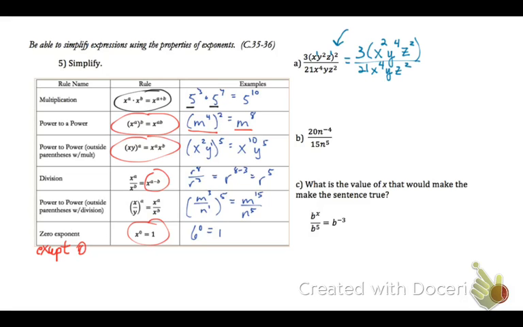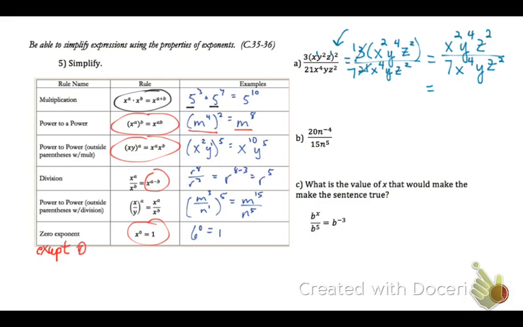Now I'm going to take a few more steps to simplify. I'm going to simplify my integers just like a fraction. So I'll have 1/7. So up top I can draw out my parentheses. So x squared y to the fourth z squared over 7 x to the fourth y z squared.